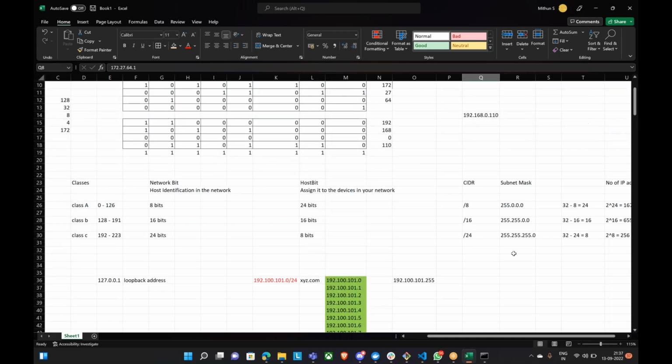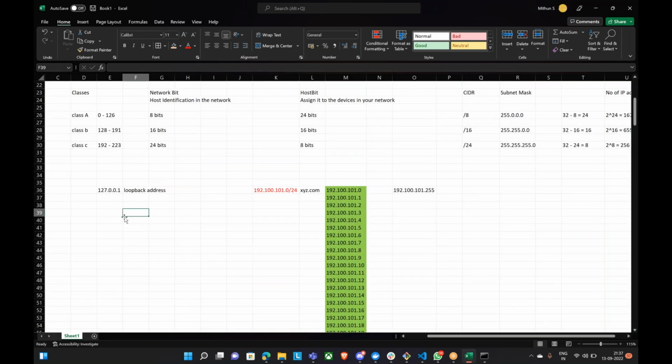Okay, so what were the restrictions? With CIDR, no restrictions on number ranges. Then second one is no restrictions on network bits.